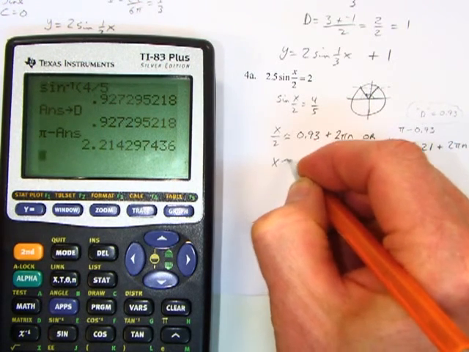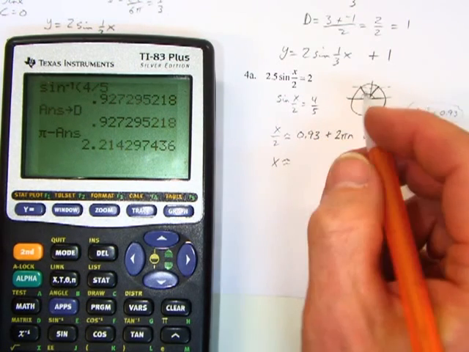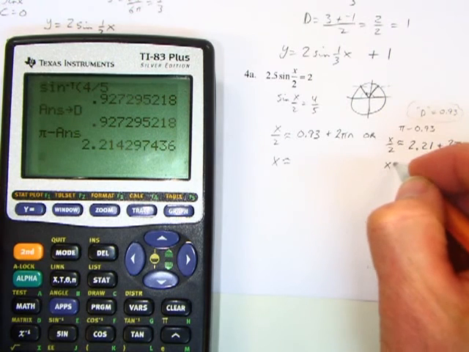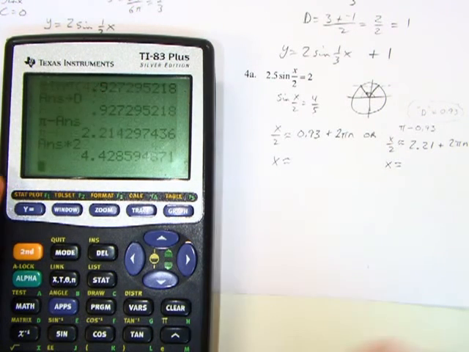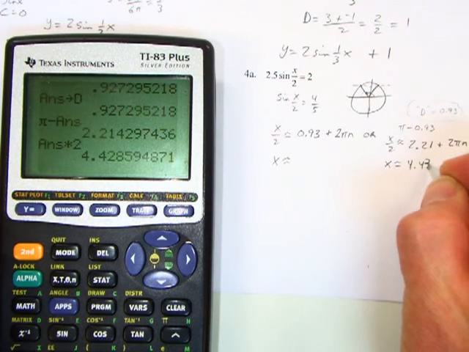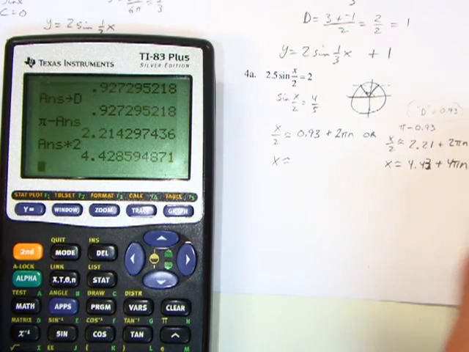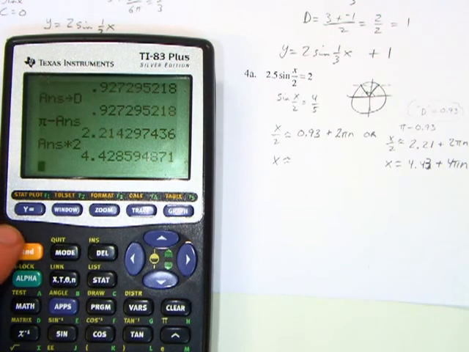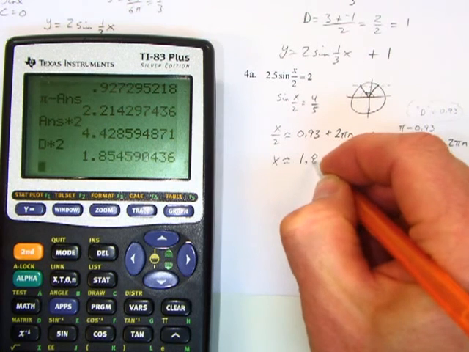Take again, and we'll have x over 2. So we're going to multiply both sides by 2 on both of these. So since this last one's up, I'll just deal with that. I'll say times 2, and I get 4.43. I almost made a mistake there. 4.43 plus 4 pi n. And on the other one, I will say alpha D this time times 2, and I get 1.85.